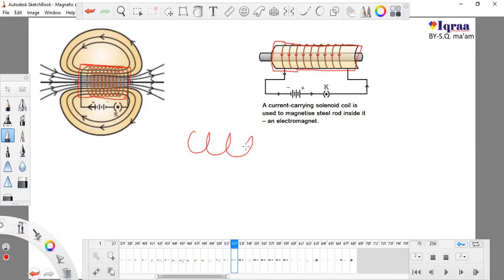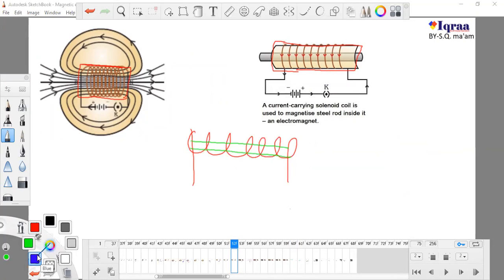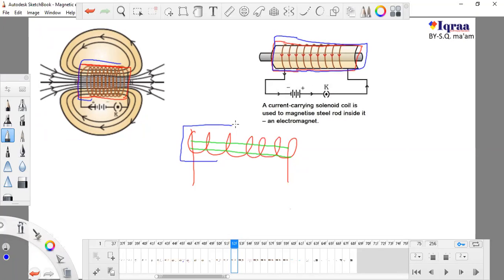You can insert any metal, but generally soft iron is used. So the amount of magnetic field lines, or the intensity, the power of the magnetic field lines, is constant, the same in this region.